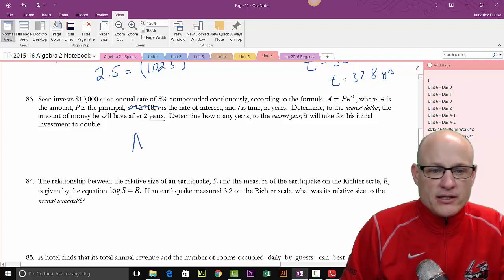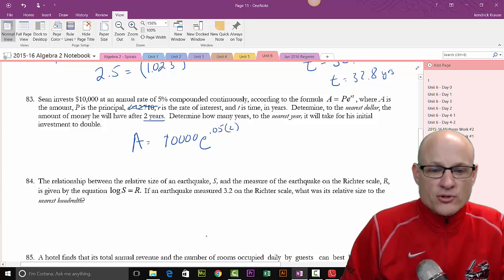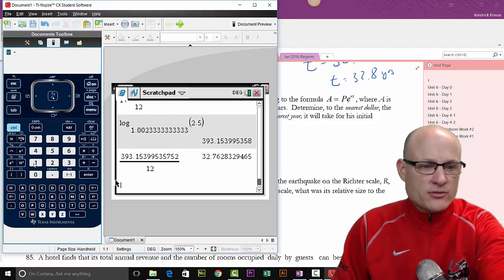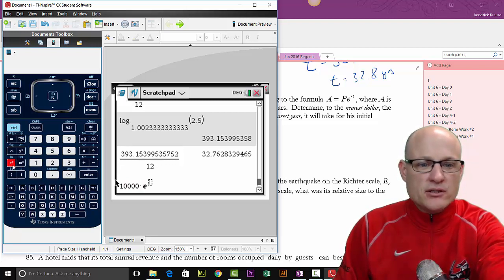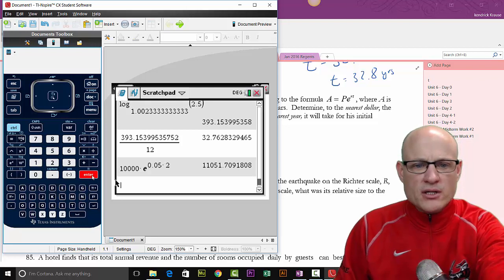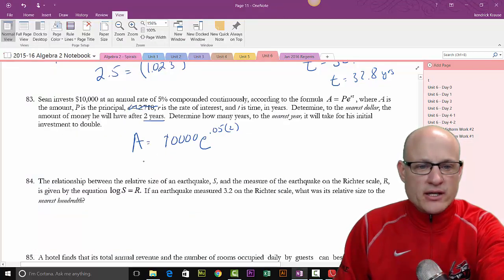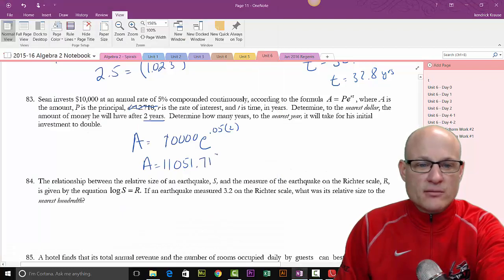So A equals 10,000 times e to 0.05 times 2, after 2 years. So A equals $11,051.71. That's how much money you have.